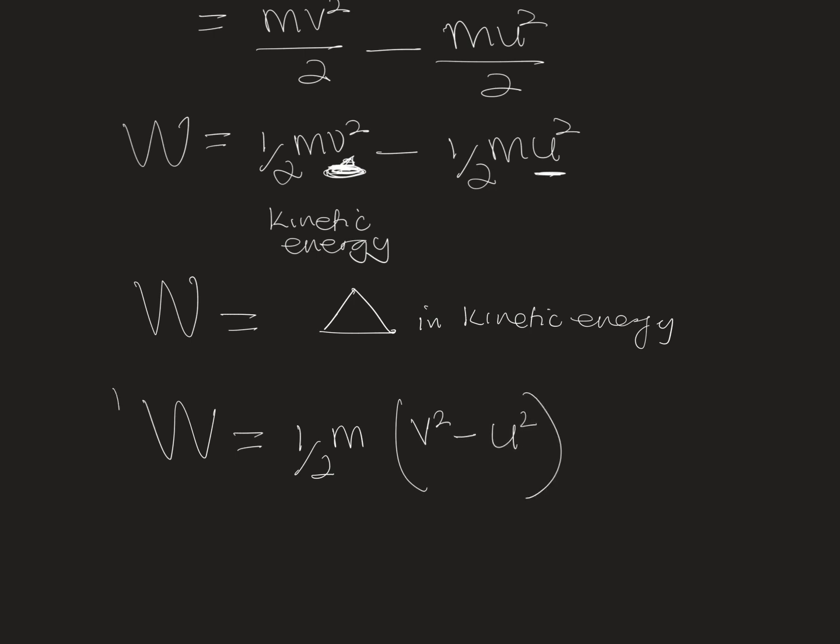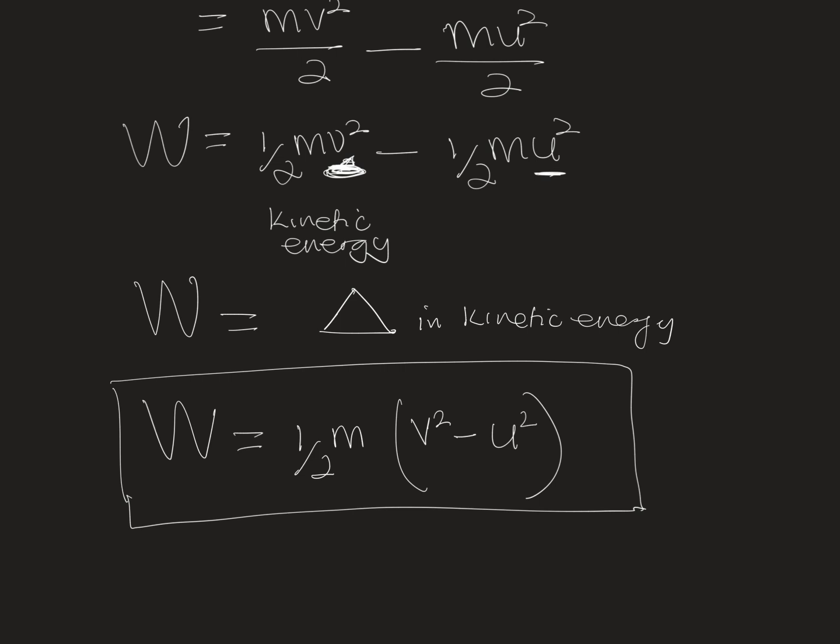So work done is equal to half m into v squared minus u squared. This can be our equation.